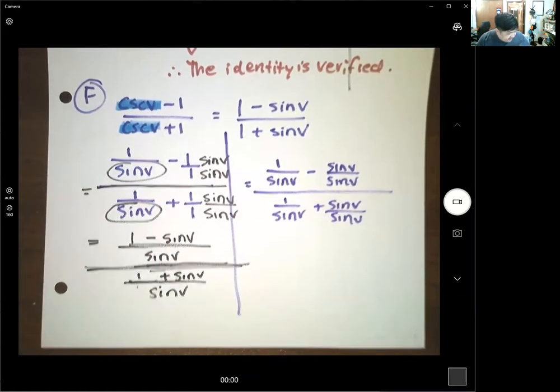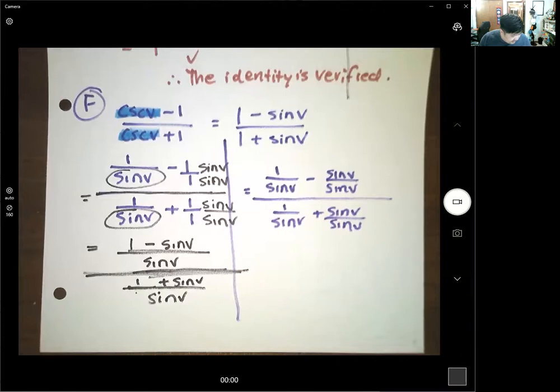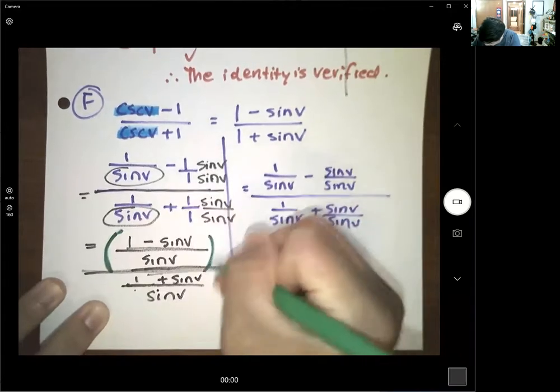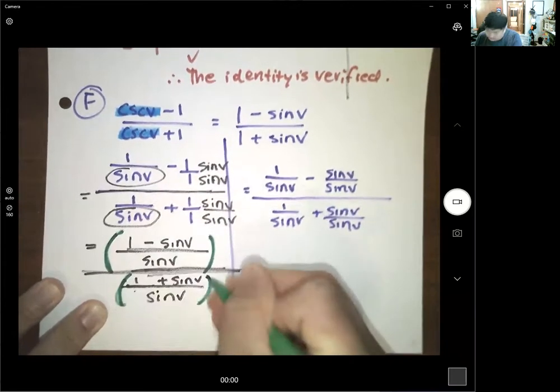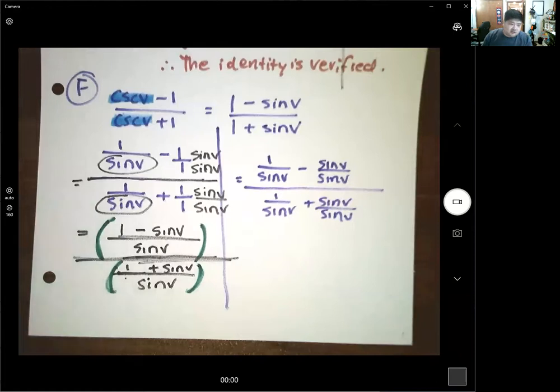And then remember that when you have a double fraction here, you need to make sure that you have parentheses around the numerator and the denominator, all right, because that fraction bar is a grouping symbol.